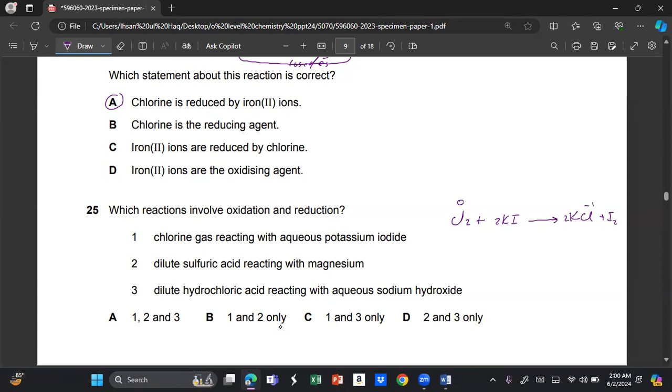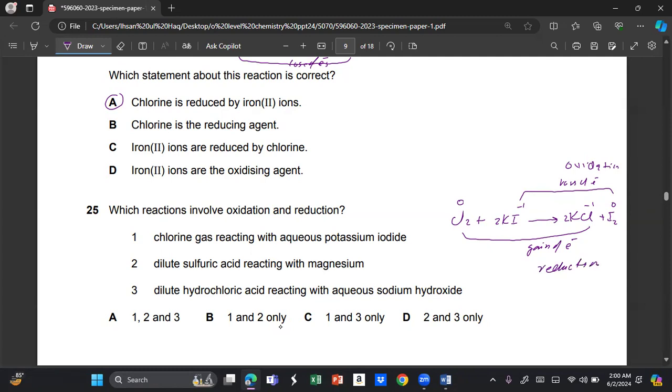Here I is -1. It is 0. So you see the oxidation state of chlorine is changing. It is being reduced. Gain of electron. And that of iodide ions, its oxidation state is increasing. There is a loss of electron here. The loss of electron is oxidation, while gain of electron is reduction.